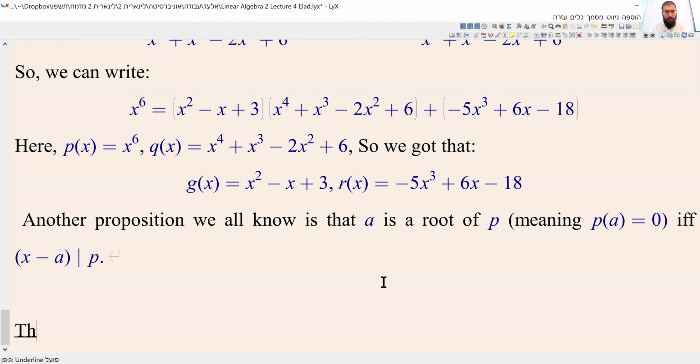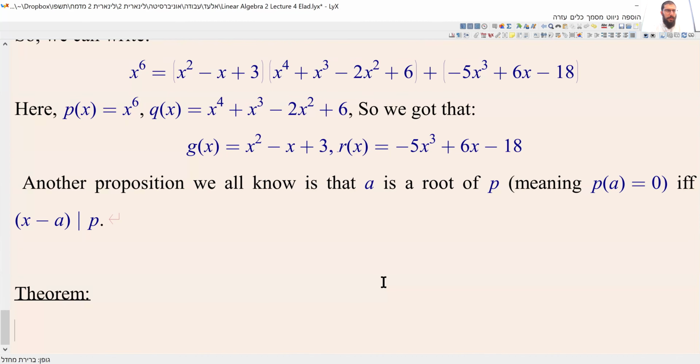Now it can be a theorem if you want. Important.